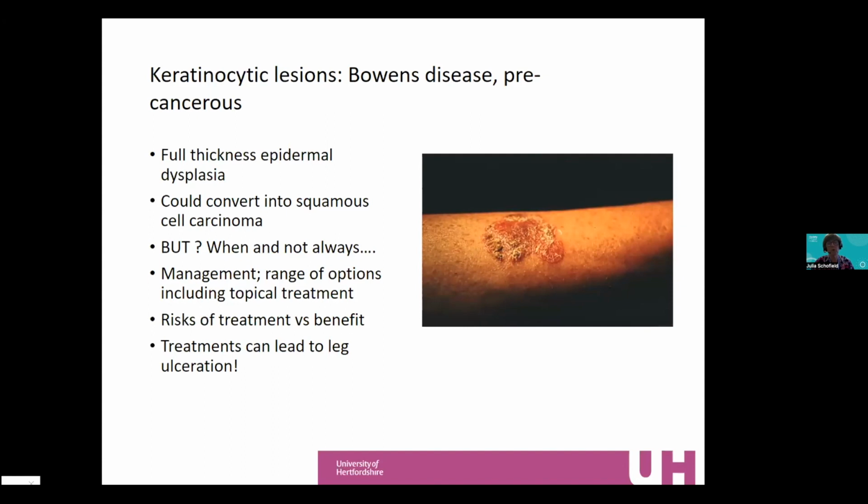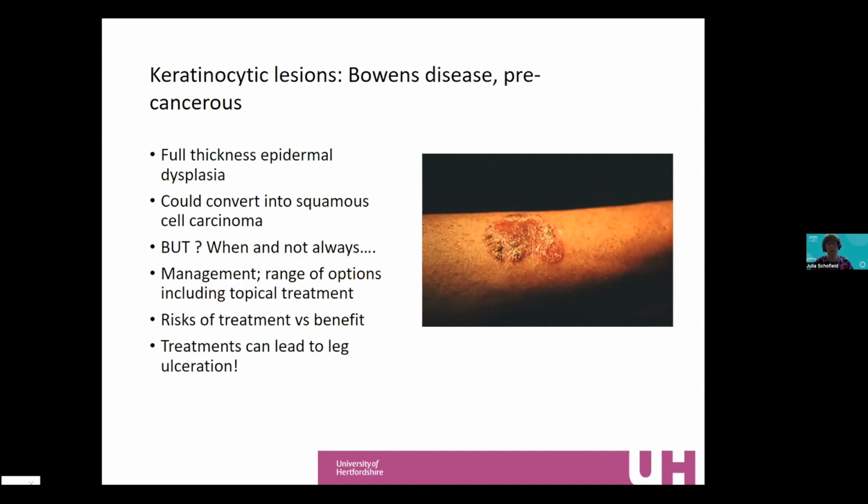But moving on to Bowen's disease, which is what this is, a well demarcated red plaque usually on the lower limb, commonly on the lower limb. These are actually precancerous. So if you have a patch of Bowen's disease, what you've got is a bit like cervical intraepithelial neoplasia or CIN. You've got full thickness epidermal dysplasia, and with time, this could go on to become a skin cancer.